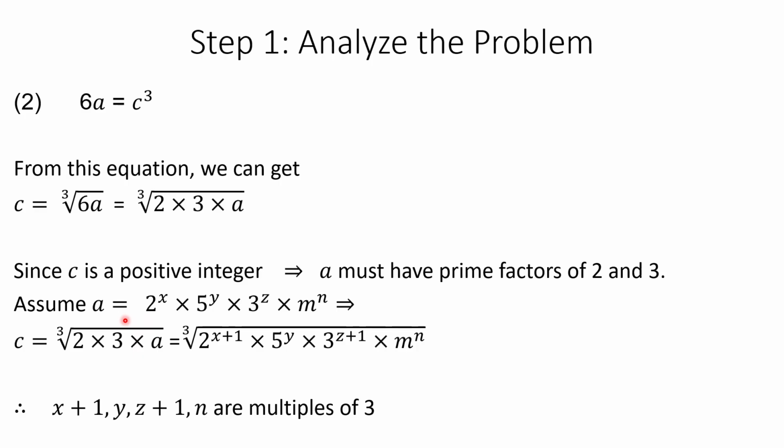We can replace it in the previous equation. c is equal to the cubic root of 2 times 3 times a, which is also equal to the cubic root of 2 times 2 to the power of x plus 1 times, we keep the 5 to the power of y, times 3 to the power of z plus 1, and times n to the power of n. Now here, x plus 1, y, and z plus 1, and n are all multiples of 3, because we're taking a cubic root and it has to be a positive integer.